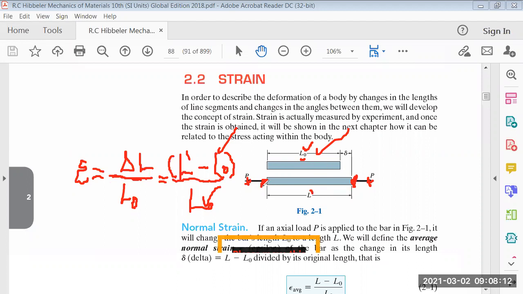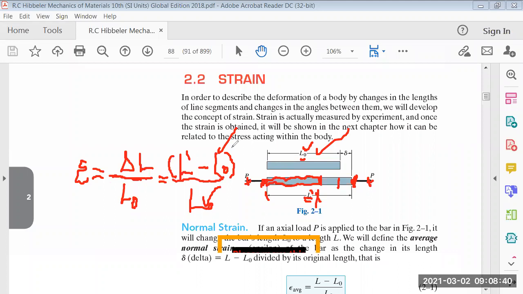So instead of having expansion or elongation or an increase in length, you're going to have a decrease in length. After applying the force, you're going to get this much of the length. This would be your delta L, your L prime.